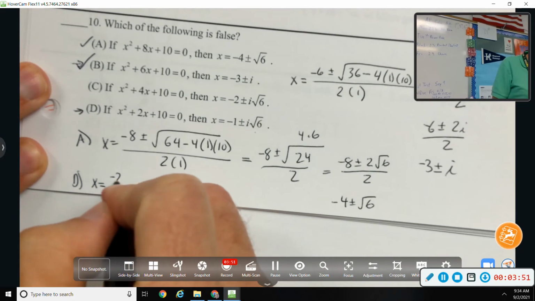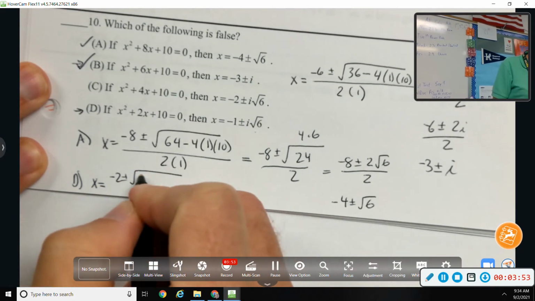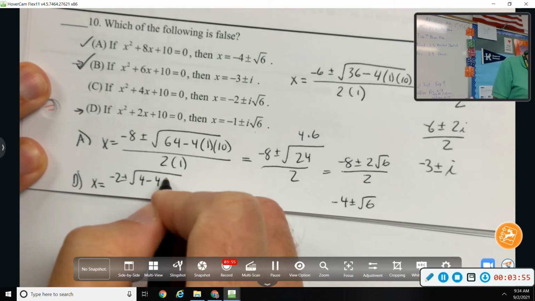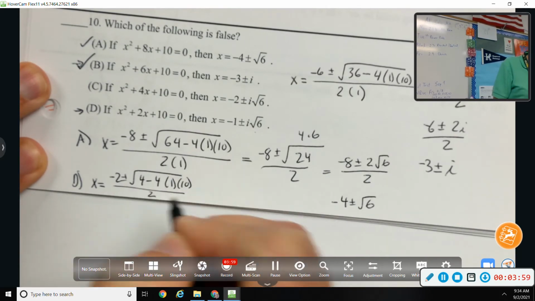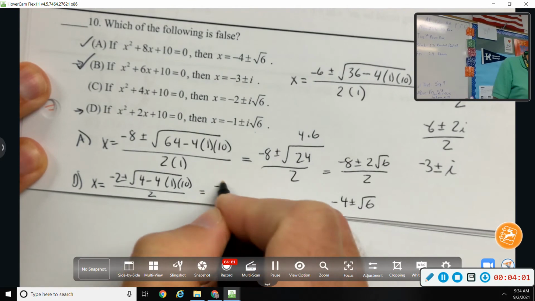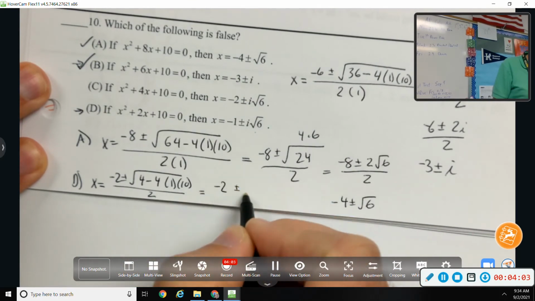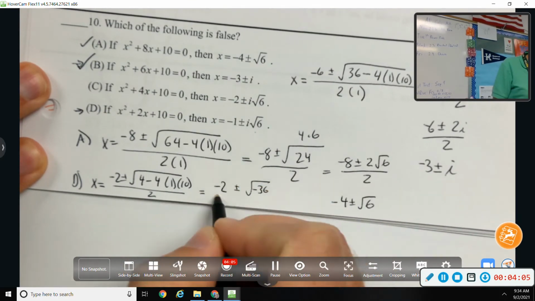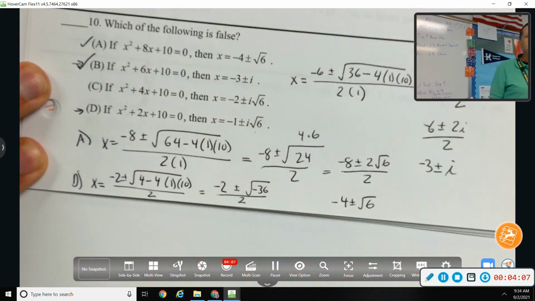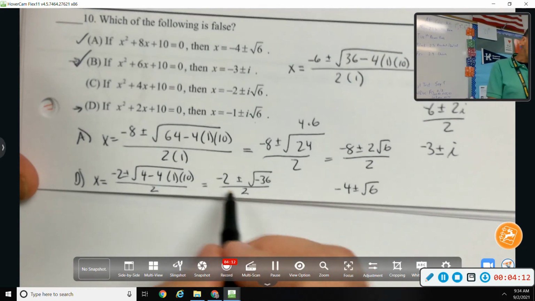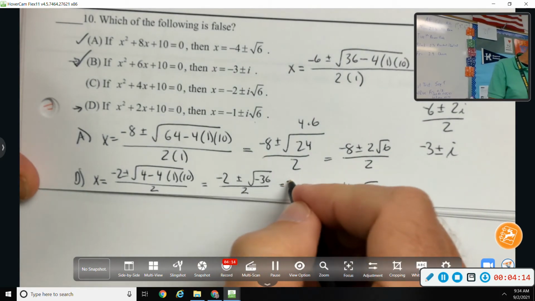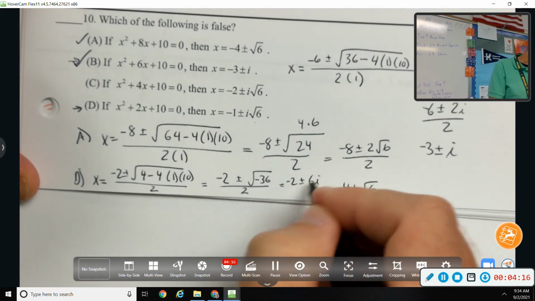x equals negative b plus or minus the square root of b squared minus 4ac all over 2a. I think this is going to be the wrong one. I know this isn't going to work because we get 6i over 2.